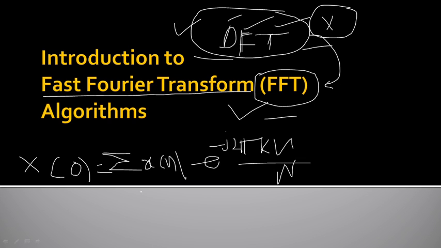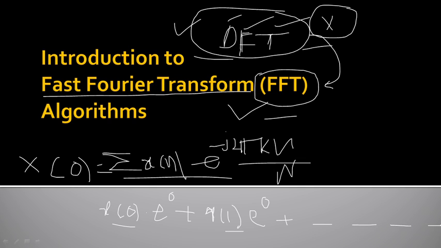Here we write x of 0 into e raised to 0, plus x of 1 into e raised to 0 again, if I put small n equal to 0. So for this case, 1, 2, 3, 4, 5, 6, 7, 8 multiplications and 7 additions are required for one equation.